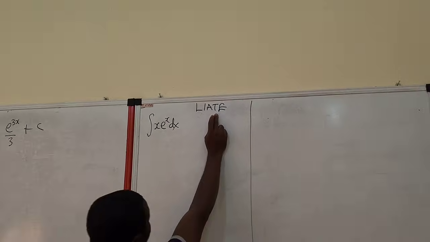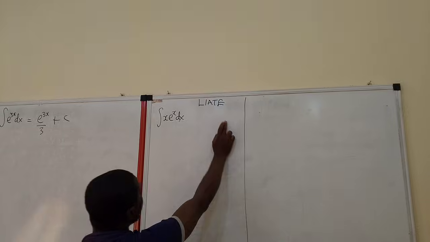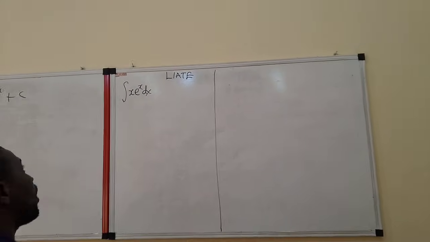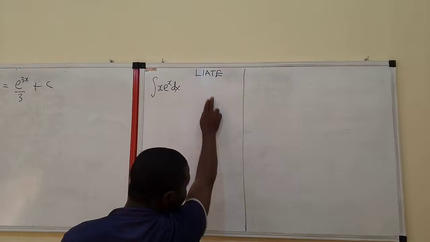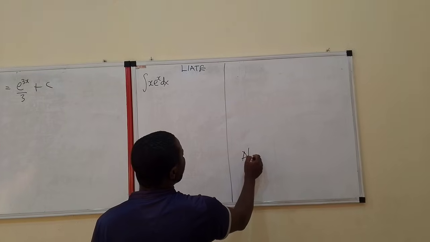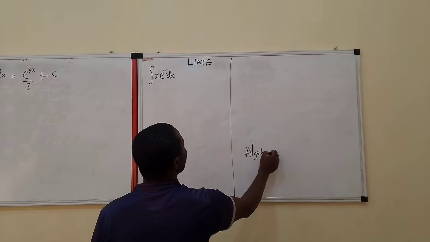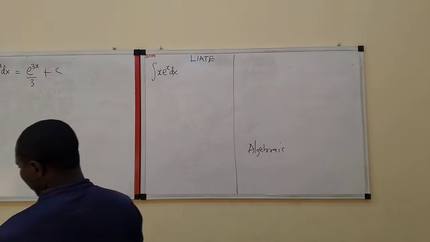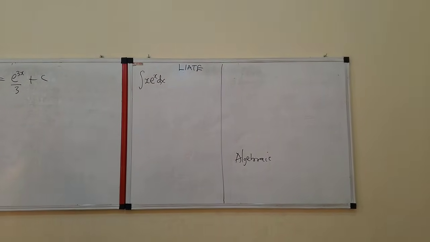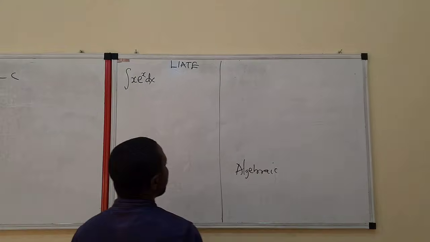The T is trigonometric functions. What's the E? The E is exponential functions. What is the A? That is algebraic functions. Okay, that is that.